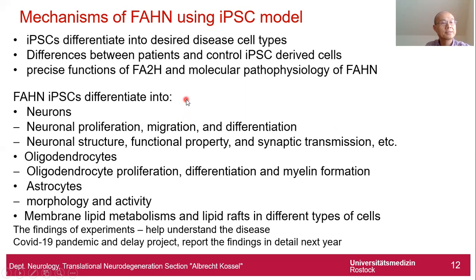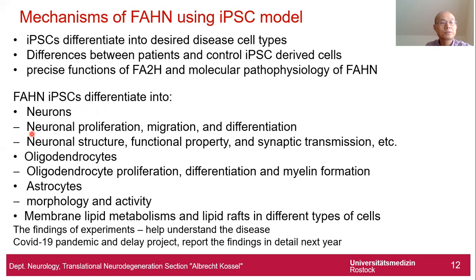In our case, we drive this FAHN iPS to differentiate into neurons, oligodendrocytes, and astrocytes. Then in neurons, we will compare the difference between the FAHN patient's neurons and the control neurons.